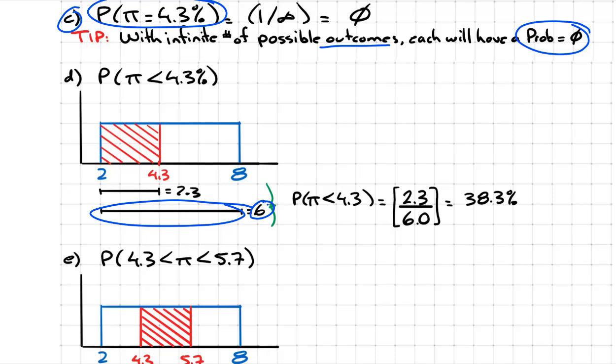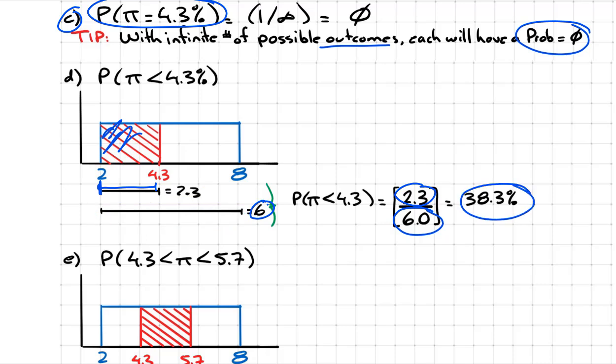And how far in do you want to go? I just want to go from 2 till 4.3. Well, that represents 2/3. So therefore, the probability of this red shaded area is 2/3 of the total 6, and that works out to 38.3%. So in effect, this 38.3% represents this area right there.